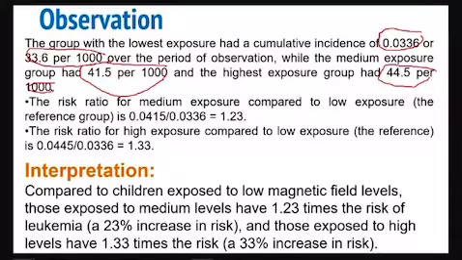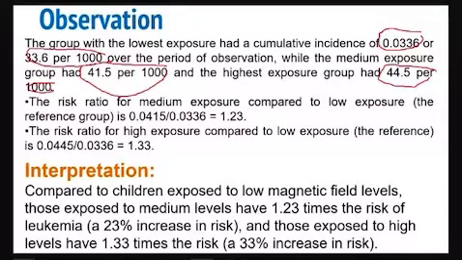Now, I told you the other time, we do not have a control, but in a situation where you don't have a control, you're actually going to use the lowest level of exposure here. Okay, so which means you're going to compare the risk.